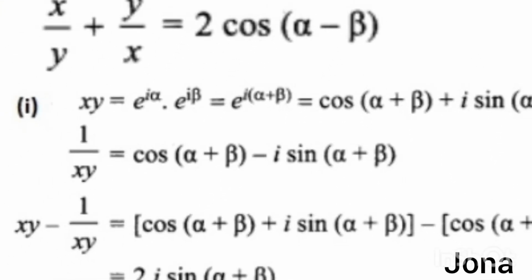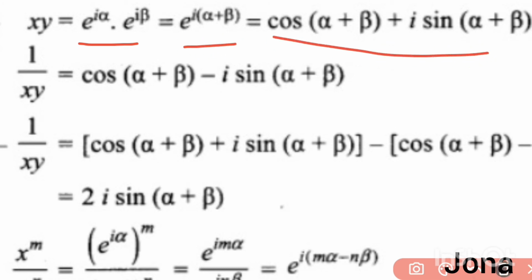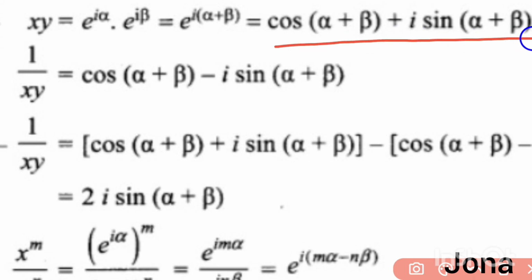And then the second one we have is xy. That xy can be written as e power i alpha into e power i beta, which is e power i of alpha plus beta, that is cos of alpha plus beta plus i sin of alpha plus beta. Then 1 by xy is the same thing but with minus: cos of alpha plus beta minus i sin of alpha plus beta.